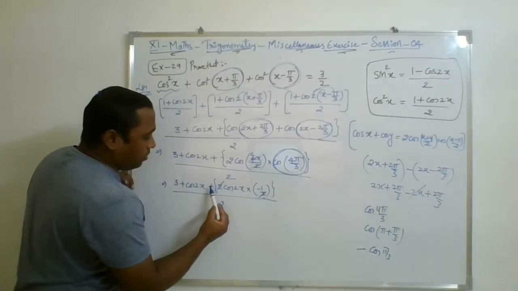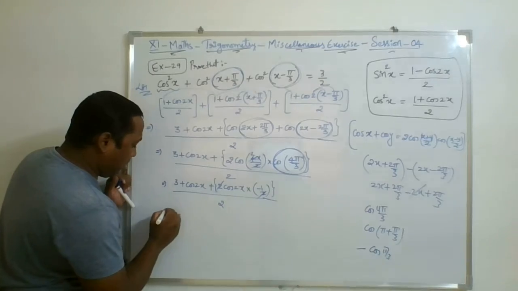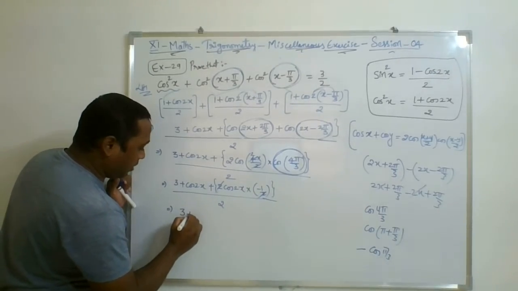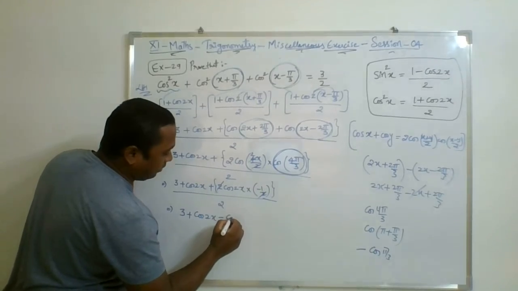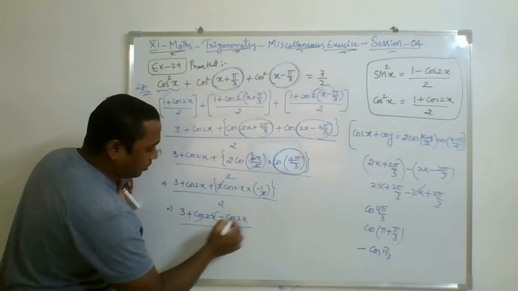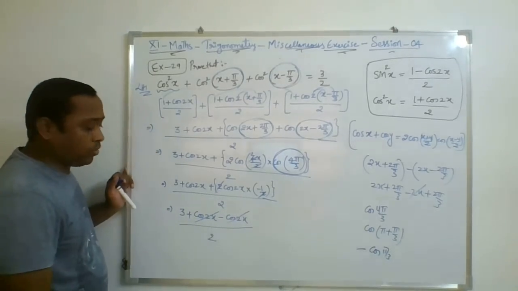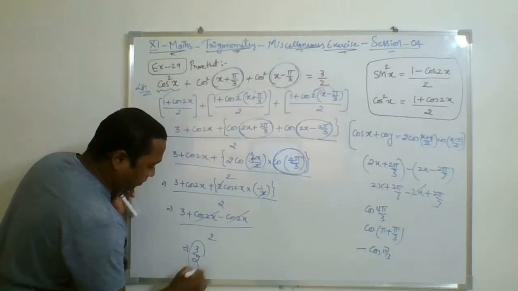We are left with the sign: plus into minus is minus. So finally what we are left with is 3 plus cos 2x minus cos 2x by 2 plus cos 2x minus cos 2x, which get cancelled. Answer is 3 by 2.